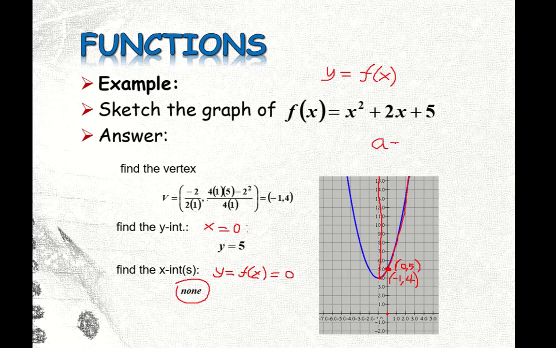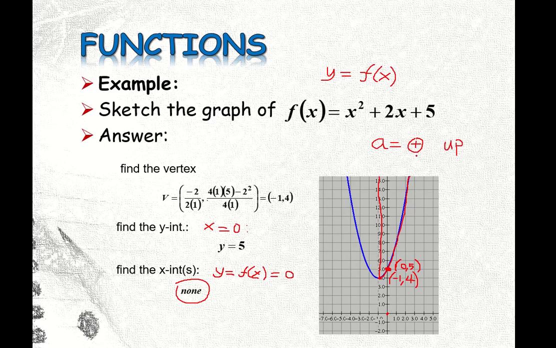Perhaps you also don't know the concept about whether a is positive or negative, because it is either plus or minus. In this case, our a is positive, and in this function x is being squared. So we know that the parabola opens either up or down, and then you just examine the sign of a. For a positive, the parabola opens upward.